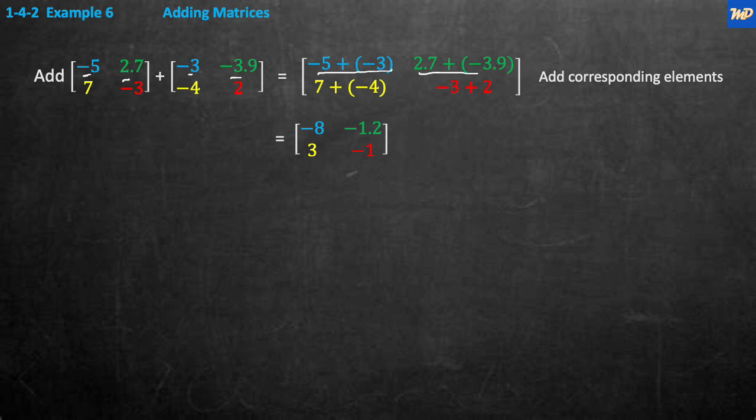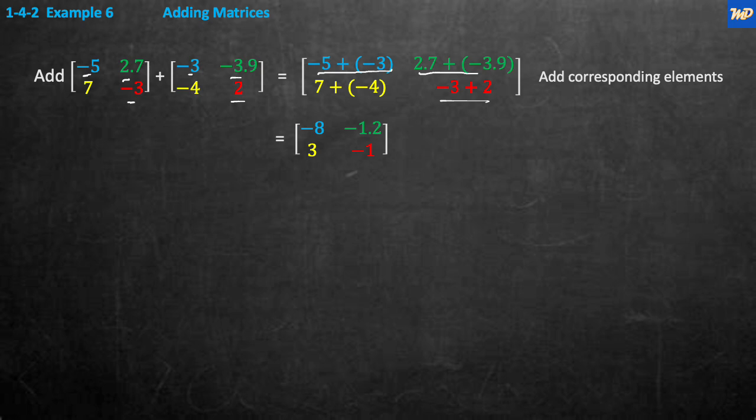Then I go down to row number 2 and column number 1, and now it's 7 plus -4. And then finally, in the second row, second column, -3 plus 2. So now each one of those is a little addition problem, and you add them.